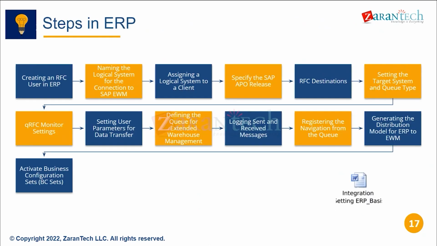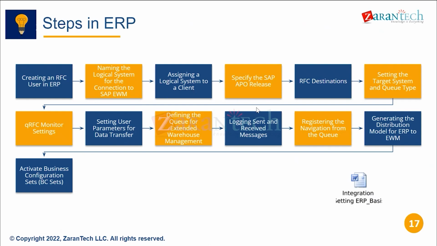So these are the setup steps in ERP we need to perform to create the qRFC, which I showed you yesterday, right? These are the settings which the SAP Basis team has to perform, but you must know what settings have to be done.